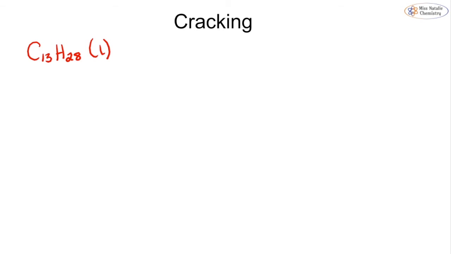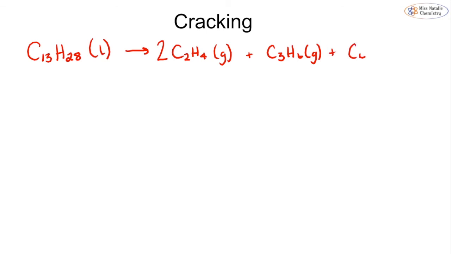then that would be a suitable answer in an exam. So for example, I could break this down into a C2H4. I could have a C3H6. I could have another C2H4, so we'll put a 2 in front of that, and I could also make a C6H14.